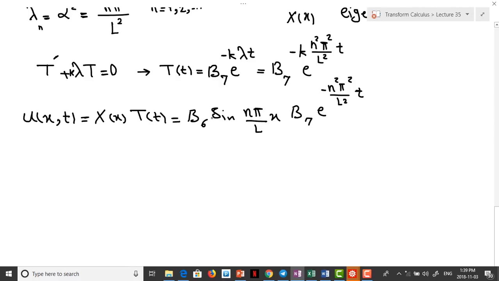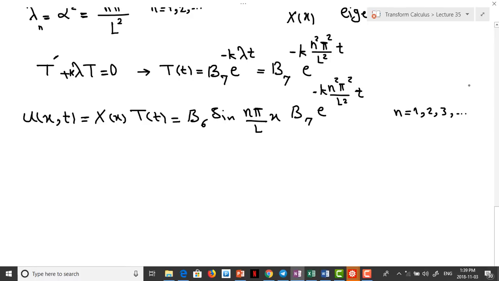And we have X of x times T of t, so we have e to the power of minus k n squared pi squared over L squared times t. So it's u of x and t, and you can see that n can be equal to 1, 2, 3, and so on.